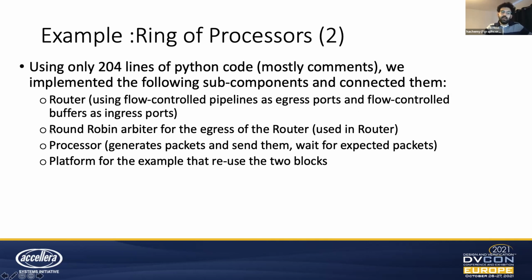We built a round-robin arbiter, which is just an instance of the round-robin arbiter that we have. A processor, which is basically, in this case, just a stimulus that generates packets and sends them, and also a monitor that waits for expected packets. And then basically we have the platform in which we add the stimulus and stuff like that. So really it's very simple, and you can see the code in the repo, we have it there.